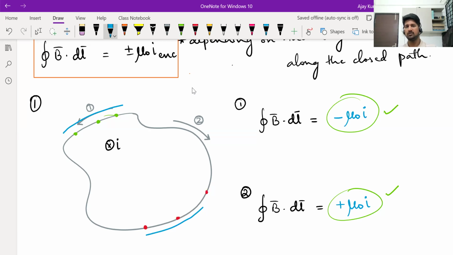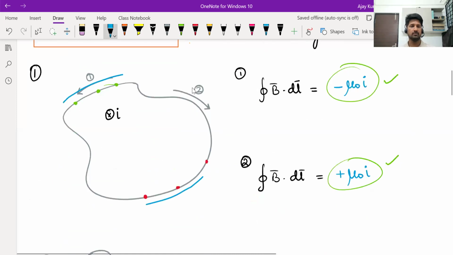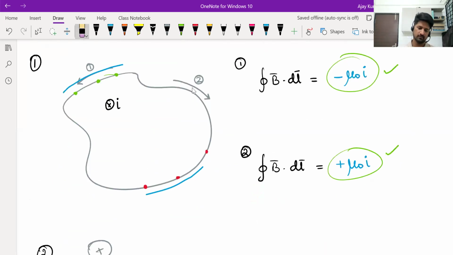They will not be the same because the field is not the same there and here. So there's no guarantee that the integral will be the same. In the case of a circular path, it will be the same because everywhere on that circle, the field is the same. So for the full circle, if it is mu naught I, then for the half circle, you can say it is mu naught I by 2 for sure. But if the field is non-uniform, then you cannot comment on it. You need some other information. Directly you cannot tell.